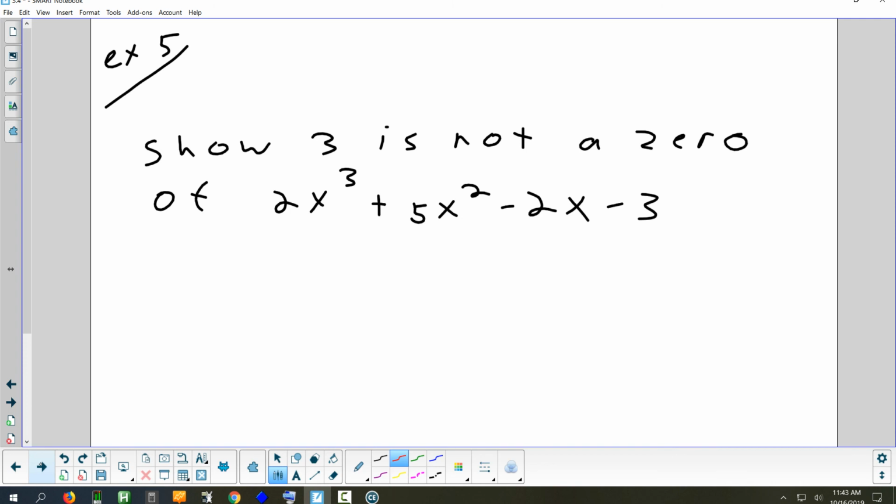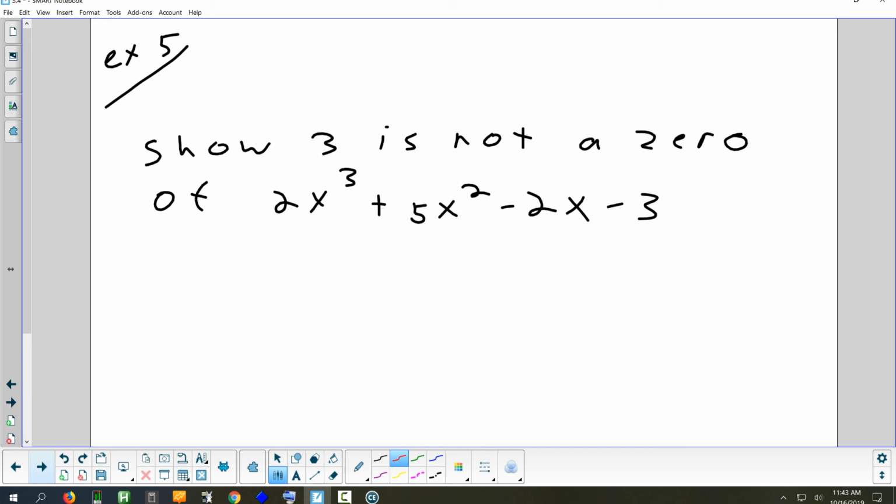Okay, so let's show that 3 is not a root. Now there's two ways to do it. You could just plug 3 in for x and see what you get. If you plug in 3 for x and you get something that's not 0, then you've shown it's not a 0. But let's do it kind of the way we've been doing it today.